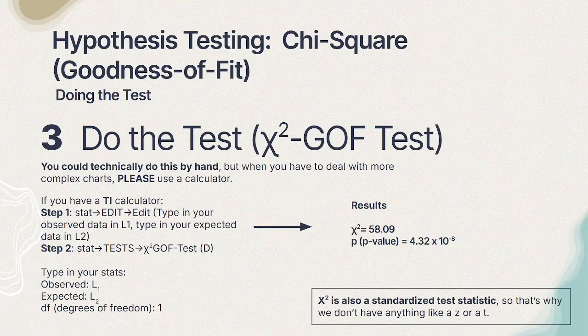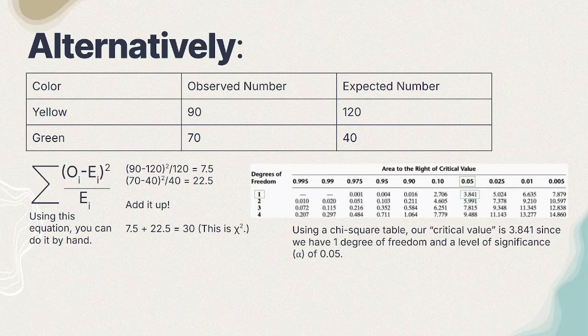Wait, let me be precise. Working this by hand, for yellow, 90 minus 120 squared divided by 120 equals 7.5. For green, 70 minus 40 squared divided by 40 equals 22.5. Adding those together gives us a chi-square statistic of 30.